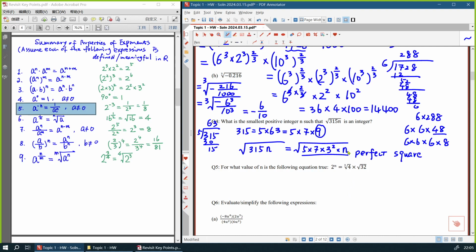Yeah. So what can n be such that this number is a perfect square number? A perfect square number is, for example, 5 squared is a perfect square, right? 7 squared is another perfect square, so the product of these two numbers is also a perfect square, right? And times 3 squared is also a perfect square number. So can you guess what n should be such that this number can be a perfect square number?